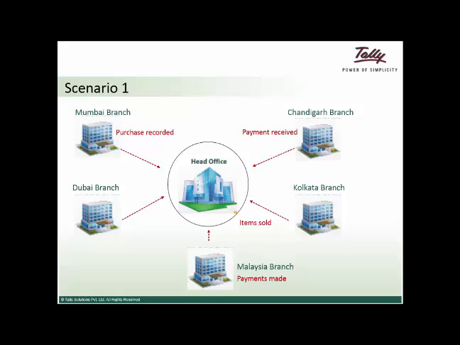But now, with on-demand synchronization, which is a feature of Tally.ERP9 Release 5.0, this trouble is now over. You can now enjoy multiple point synchronization effectively and seamlessly, and that too without being connected at the same time. So let us see how.